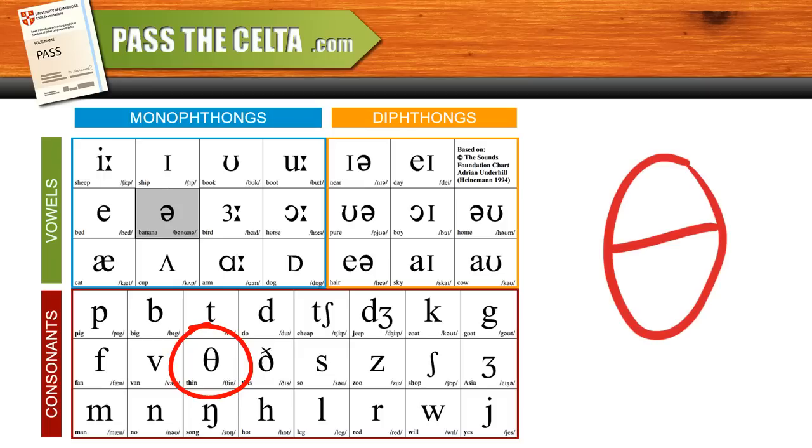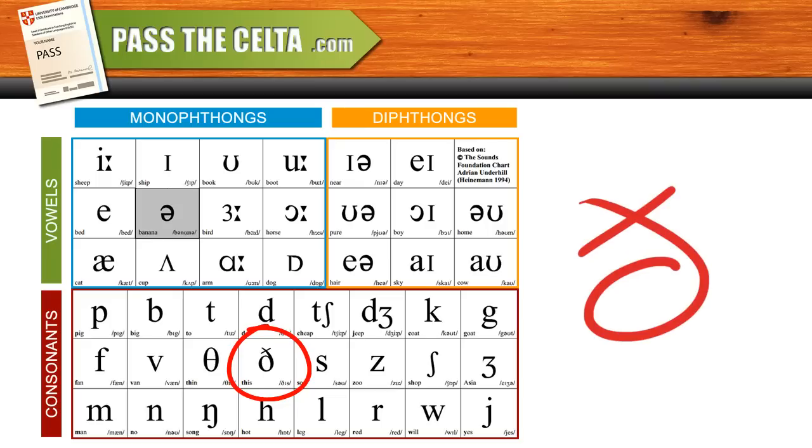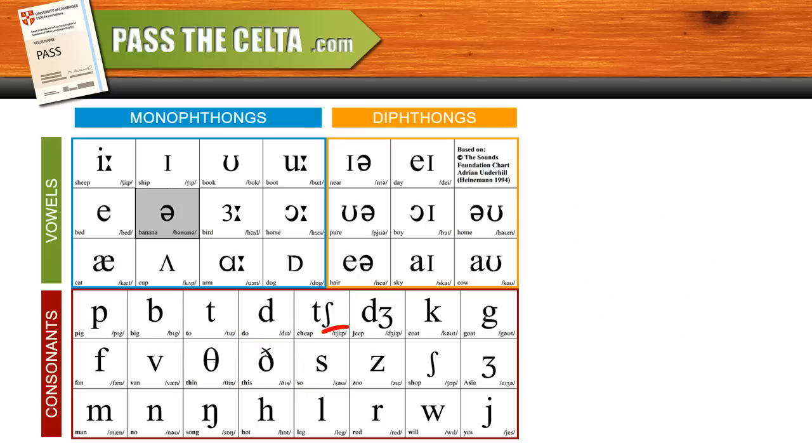Now this is easily confused with the next one, which is th, as in this. And this is represented by what looks to be a flowing D with a cross through it. Our next sounds are s and z, which are represented by the Latin letters S and Z.